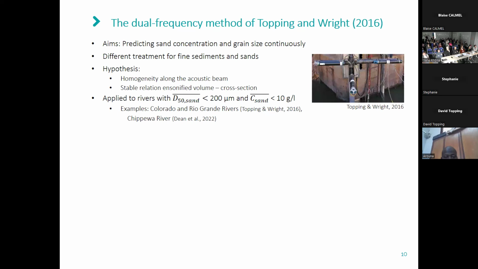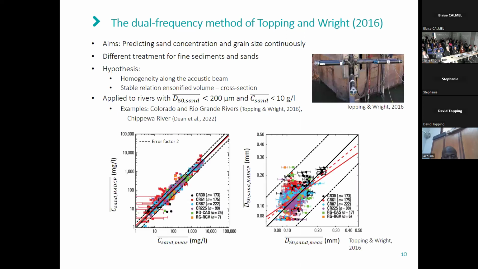With this method they were able to estimate acoustically the sand concentration compared to the sand concentration determined by measurement within a factor of 2, here with the dashed line. Similarly, they estimated the sand grain size acoustically compared to the measured sand grain size, also within a factor of 2.